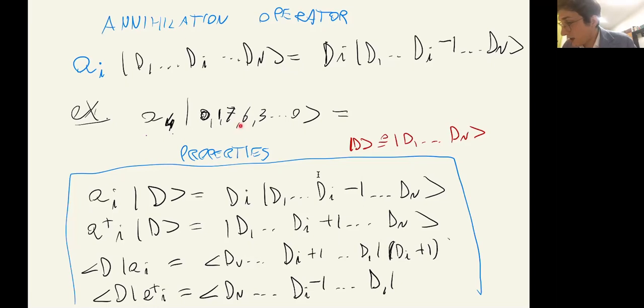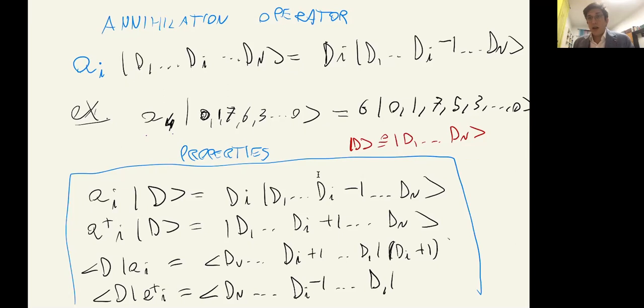It is 6 here. So we get a 6 out. The others are left unaffected. And this will become 5, 3, 0.